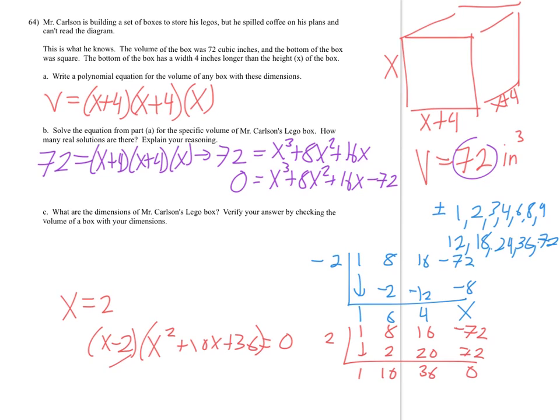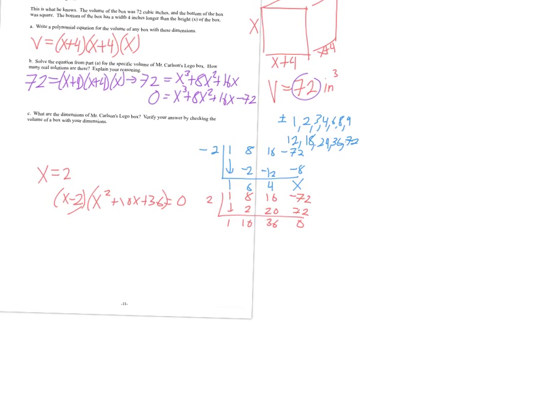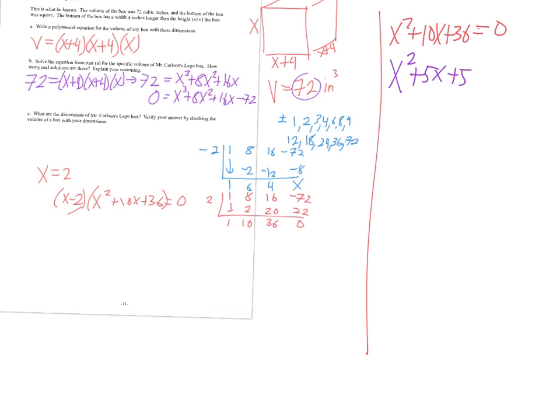For the other part, I'm going to zoom out a little bit and do some work over here. So now we've got x squared plus 10x plus 36 is equal to 0. I could either factor, not going to work, or complete the square, or do the quadratic formula for this. Let's complete the square. Minus 36 to both sides. We've got x squared plus 5x plus 5x is equal to negative 36.